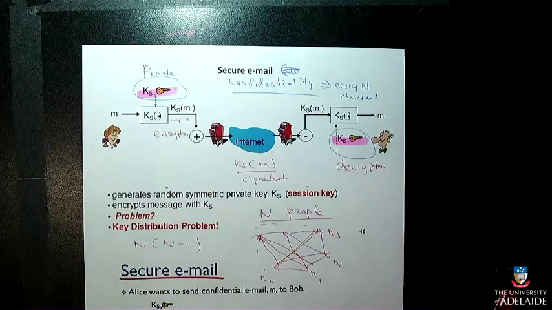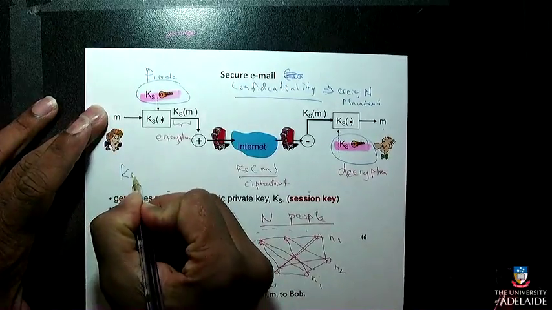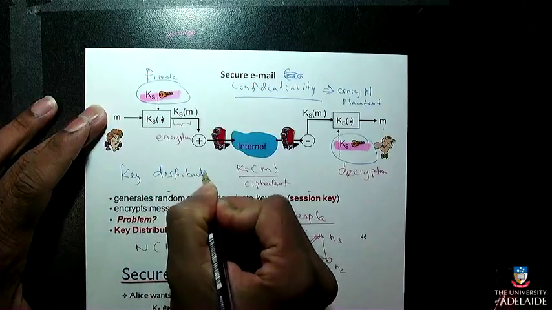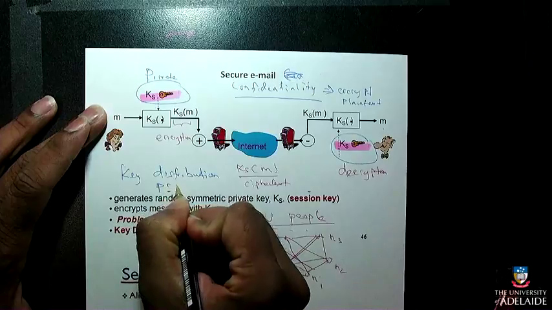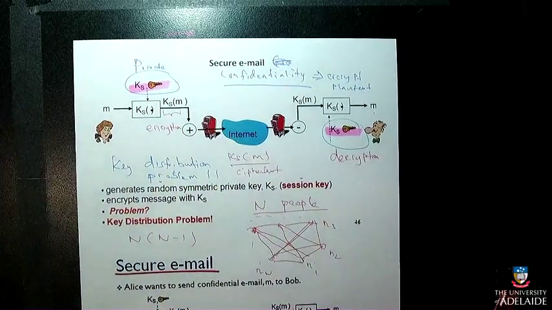And those 1,000,000 people will need to travel in armored cars and meet and exchange briefcases. So this is called the key distribution problem. That's a classic problem.